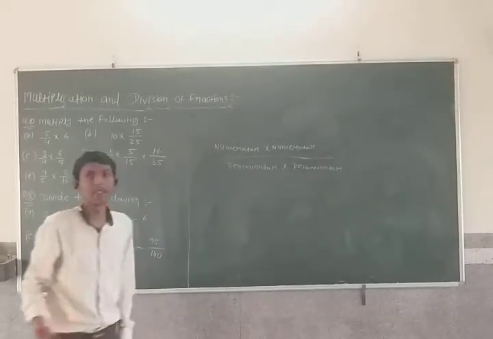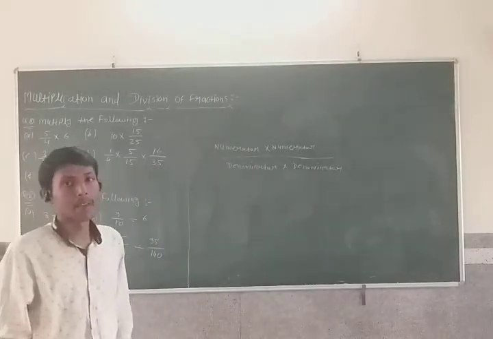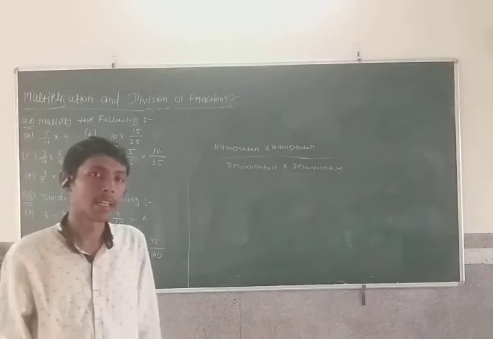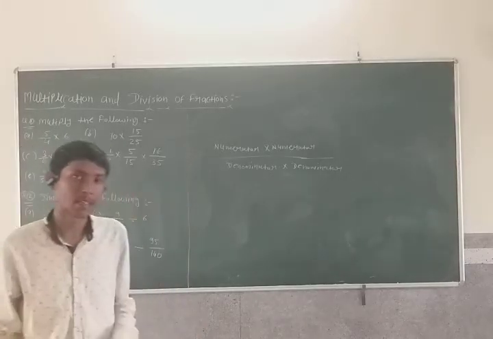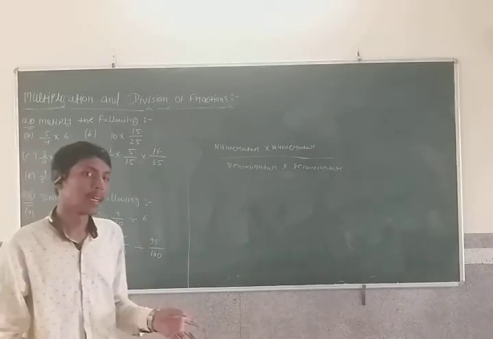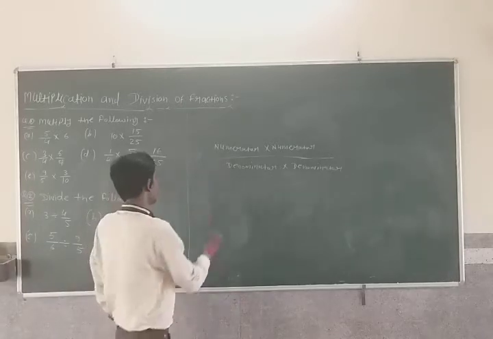That means when we multiply, we don't need to take care of whether they are like fractions or unlike fractions. Whatever kind of fractions they are, we can multiply. Just numerator multiply numerator and denominator multiply denominator.